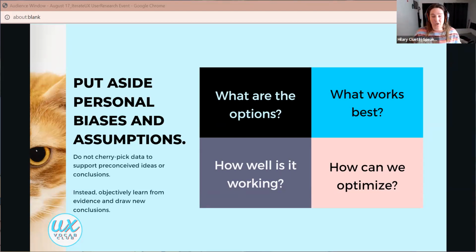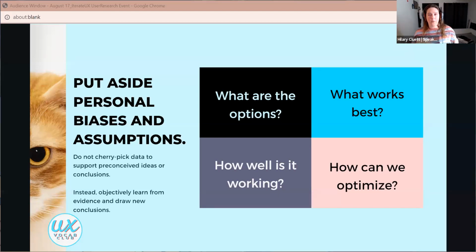But if I had felt uncomfortable showing that, if I had felt uncomfortable having that little brief 20-second conversation with her, that would be me cherry picking the data to support the notion that we're just going to be stuck with Canva. This is the rest of our lives, right? And so you can't cherry pick it. You just have to stick with what you get and learn from the evidence to draw new conclusions.